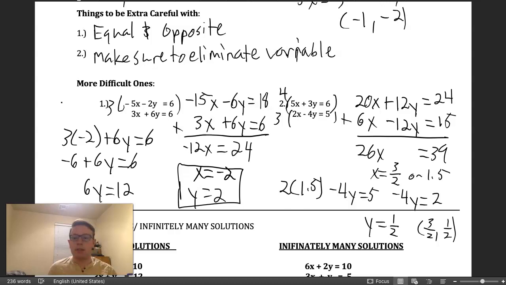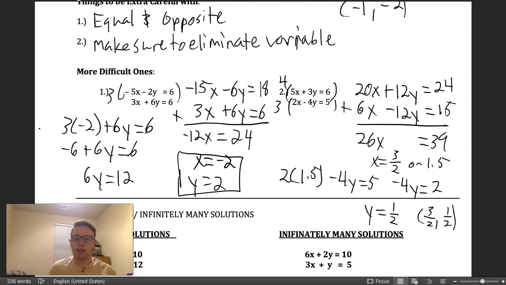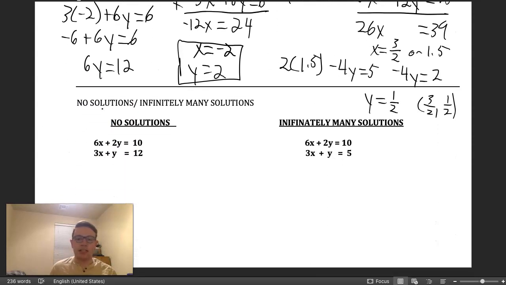Okay. Now what about infinitely many solutions and no solutions? For these, it's going to look the same as with graphing or with substitution, but let's go through these quickly. Going to multiply the bottom by a minus 2 to get our y's together. So we're going to get 6x plus 2y is equal to 10, and minus 6x minus 2y is equal to minus 24.